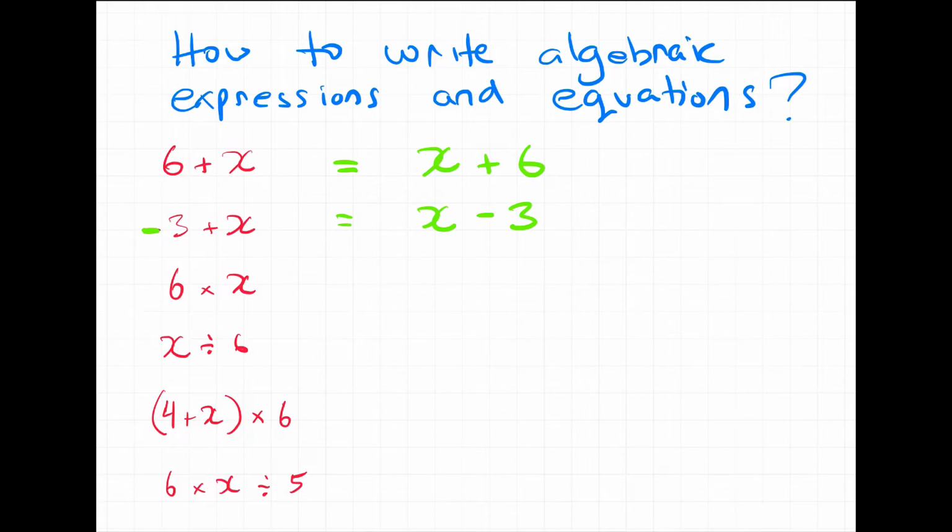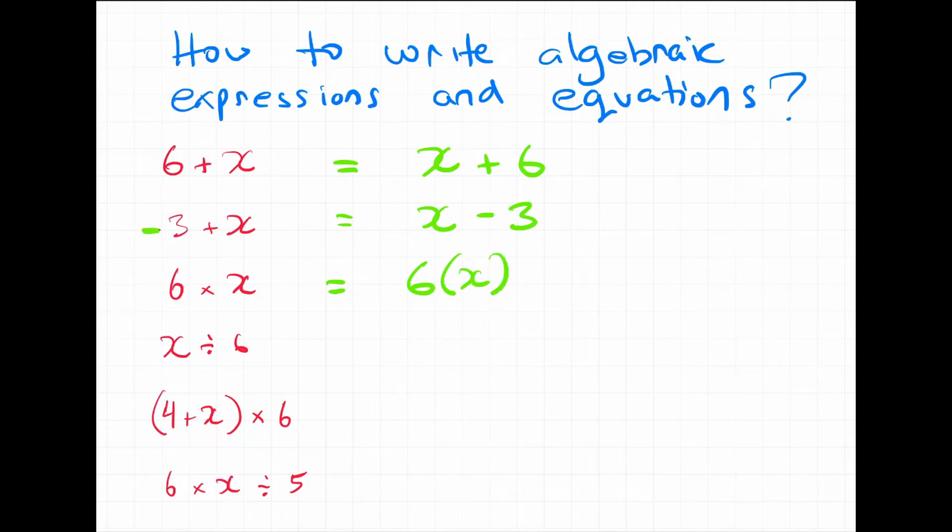Now, look at the third one. It says 6 times x. Now, the problem is when we're using the variable x a lot, we're going to get mixed up. Is that x a times symbol or is it a variable? So we sort of don't use that x as the times. So to rewrite this properly for algebra, it's just going to be 6 times x.